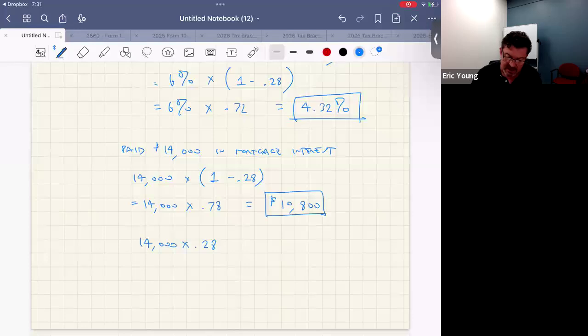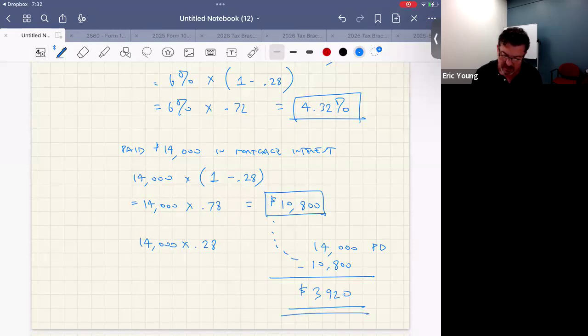And if you wanted to run the math, you can say, okay, I paid 14,000, but the 10,800 is the sort of actual tax-adjusted number. We subtract that. And in fact, by having that mortgage, you're still paying a lot of money out every month. Don't get me wrong, but you are realizing $3,920 in tax savings. Okay.